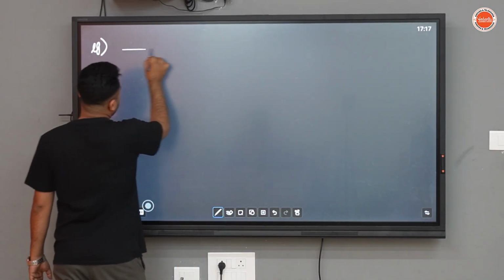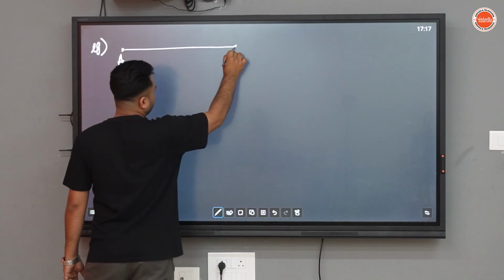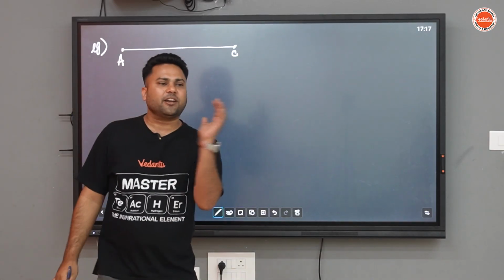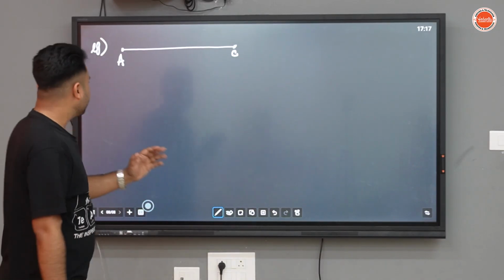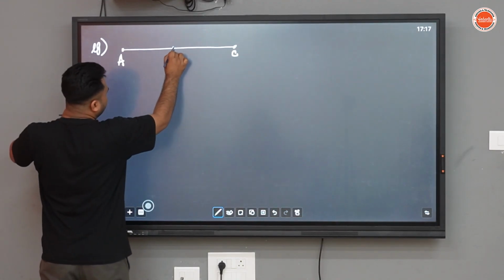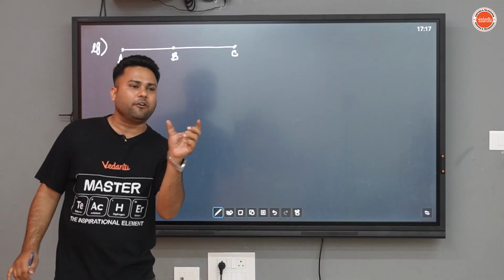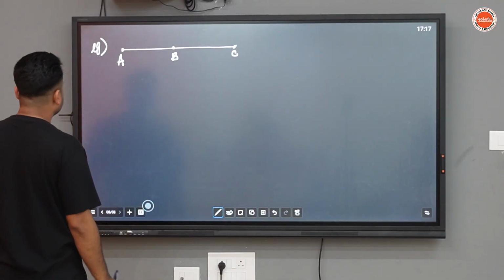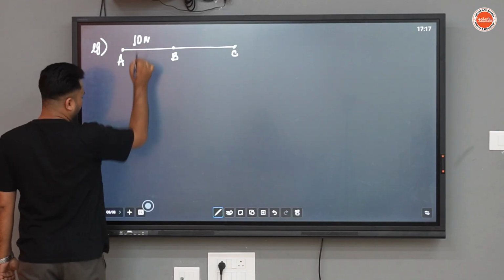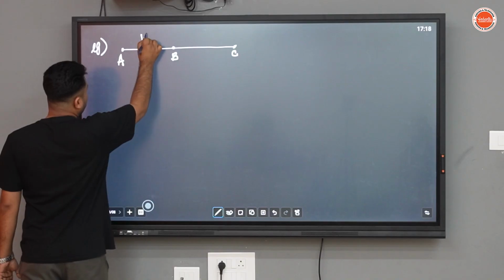So a person is going from A to C, suppose. What they are saying is, the first half of the journey, means if this is the total journey, the first half means distance-wise half of the distance, it is traveling with V1 speed.